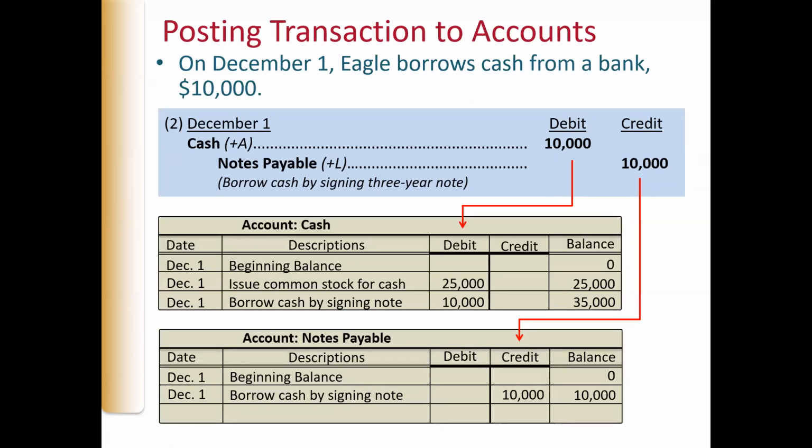Notes payable is a liability, we credit it. Do you see when we post it? We're going to debit this. So now we have 35,000 in cash, don't we?